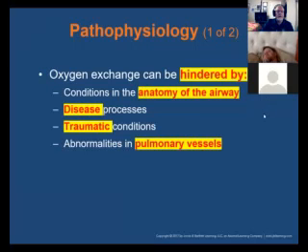And this oxygen exchange, gas exchange in the alveoli can be hindered, could be by anatomy of the airway.